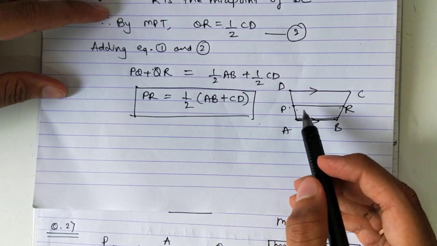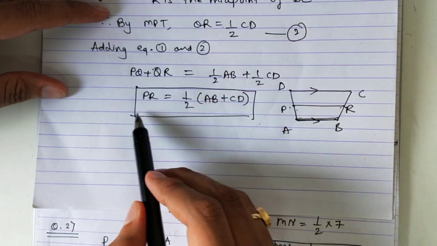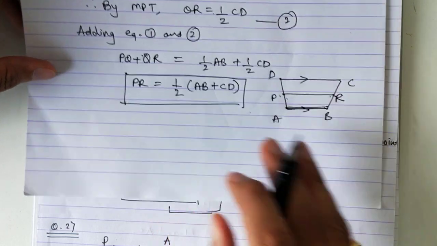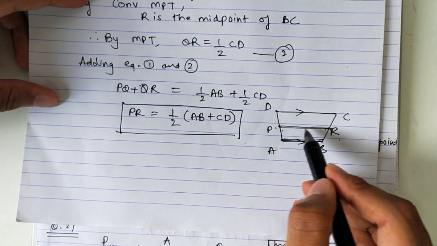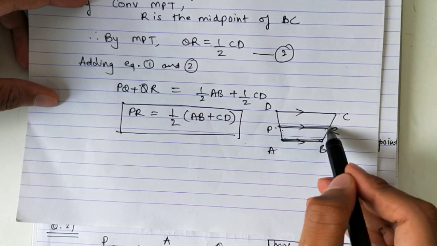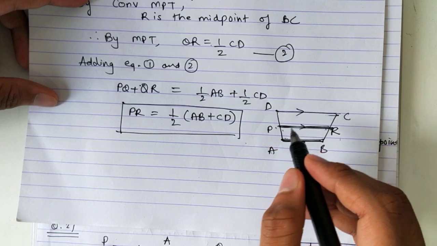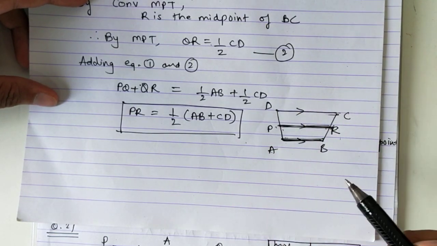Okay, this part which we proved in the fourth sum is actually a formula. So whenever you have a diagram like this where you have three lines, this middle line PR is half of AB plus CD.